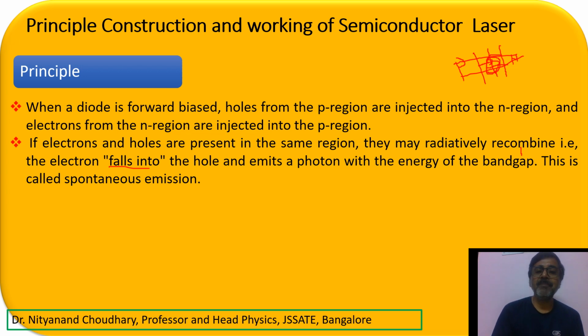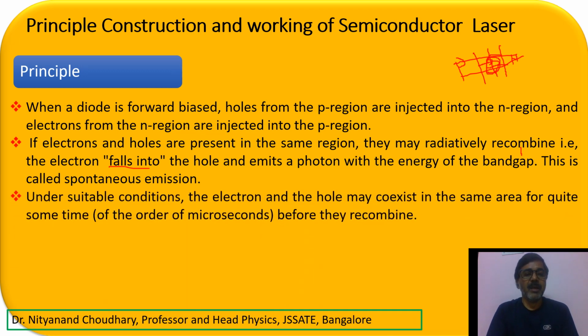Then the electron is fusing with the hole, and the moment the electron is fusing with the hole, a photonic energy is generated, and how much energy will be generated depends on the band gap. So depending upon the band gap, the photonic energy is going to be generated. This is called the spontaneous emission. So the energy that has got generated is called your spontaneous emission.